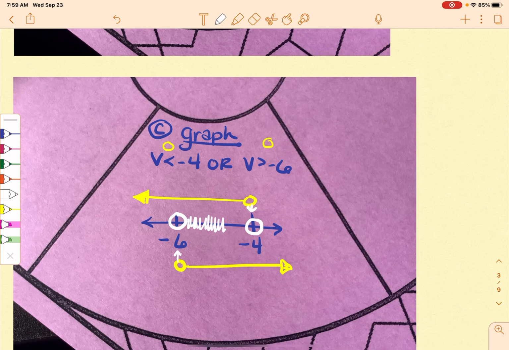This is what they share in common, this part in between. The part I'm doing in white here is the only part that's going to appear for your answer if it were a test or a quiz. Obviously, the yellow lines that I did help me determine where that is, but they're only going to show this final answer part on a test or a quiz or even the SAT. Okay, that wraps up that part with the inequalities.